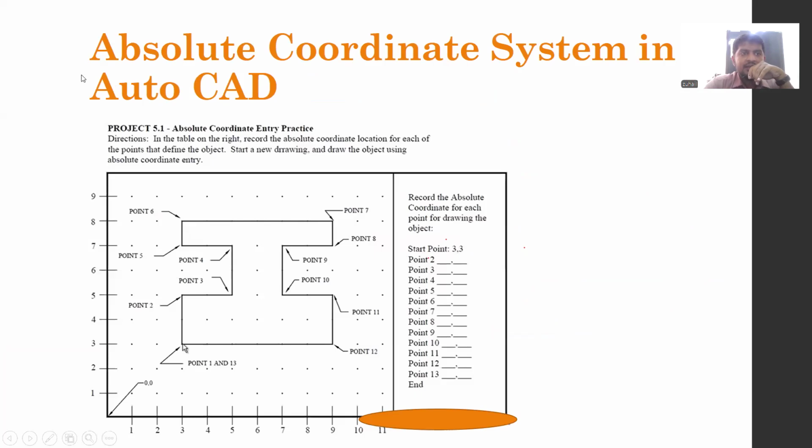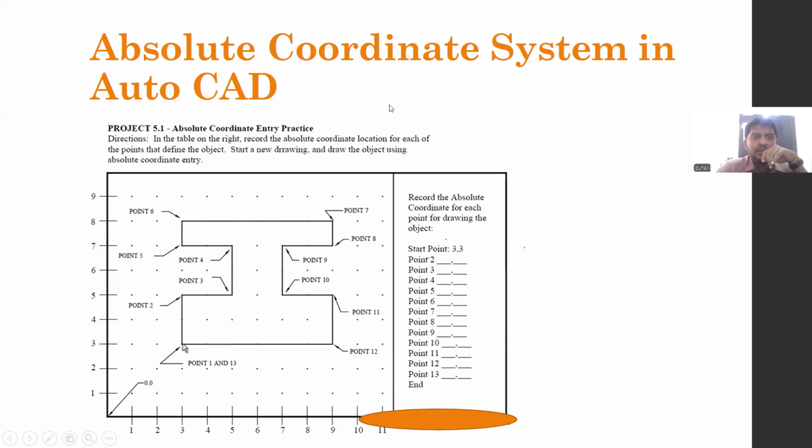There is an absolute coordinate system in AutoCAD. Okay, there are three coordinate systems. One is the absolute coordinate system. Another one is the relative coordinate system. And the third one is the polar coordinate system.